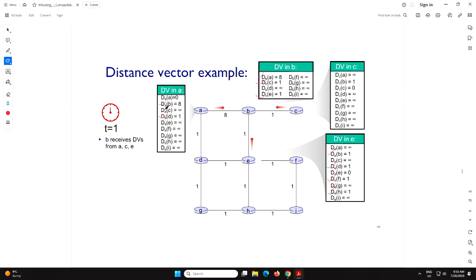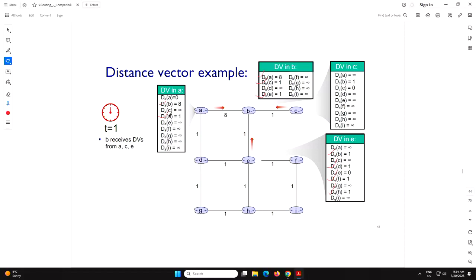A has 2 neighbors, so only 2 entries, right? So far, so good. So every router, when you turn it on, give it power, it will do the hello exchange messages with its neighbors because it's connected already, and then it can find this information. So this is the initial routing table in every router. Now the process starts.